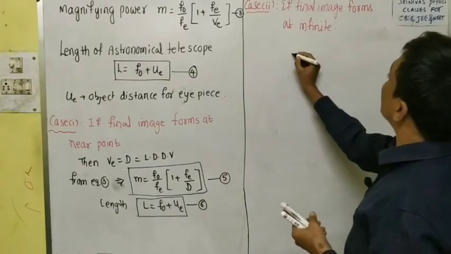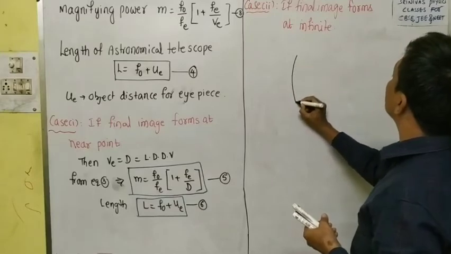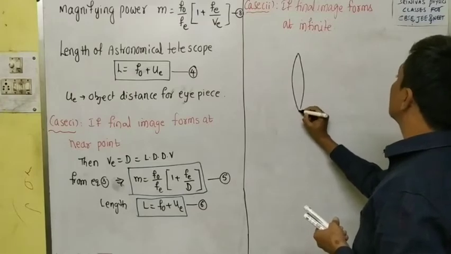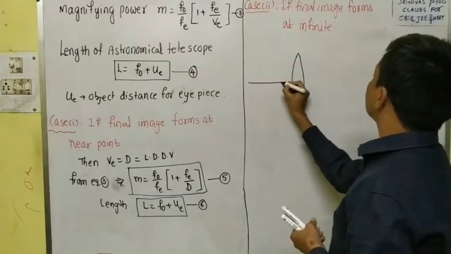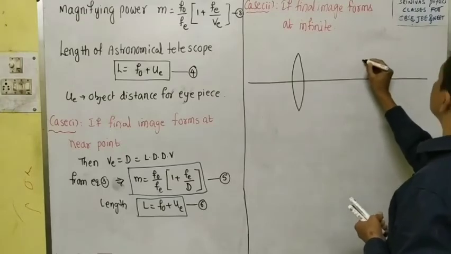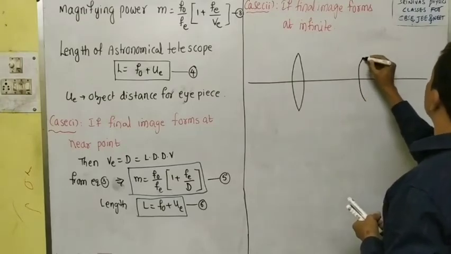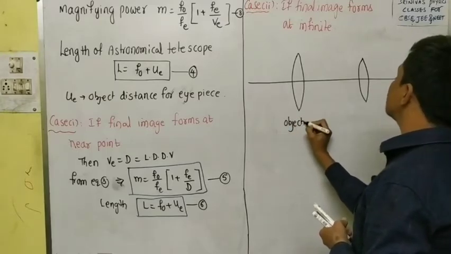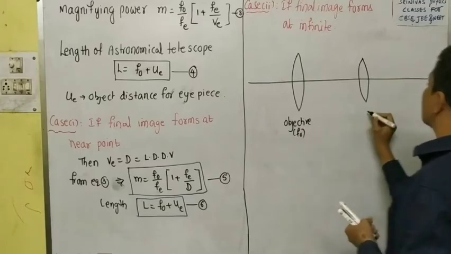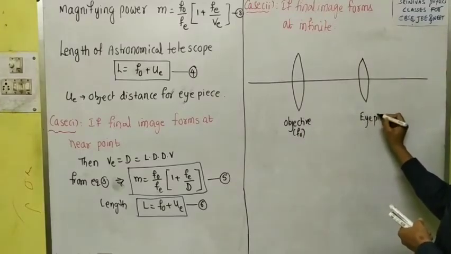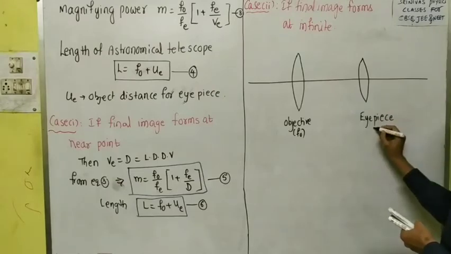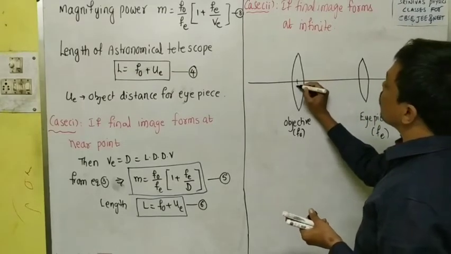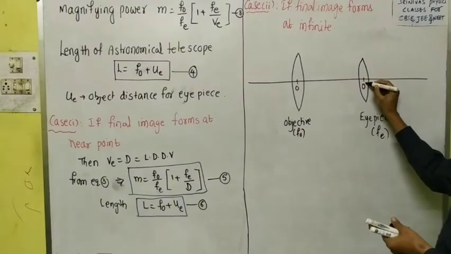Let us draw the diagram for the telescope when the final image forms at infinity. You see this. This is the objective, and the next one is the eyepiece. The objective's focal length is F0, and the eyepiece's focal length is Fe. The optical center of the objective is O, and the optical center of the eyepiece is O dash.